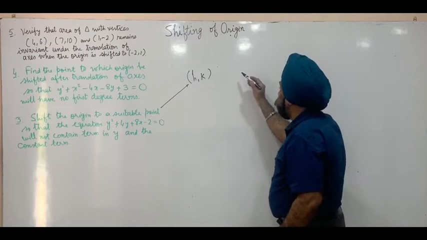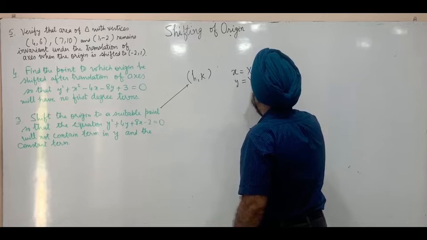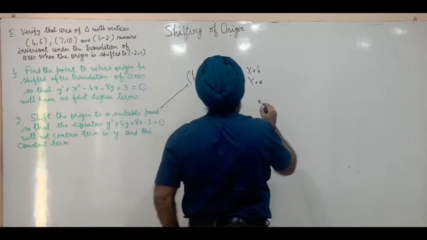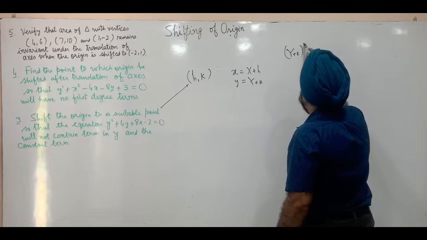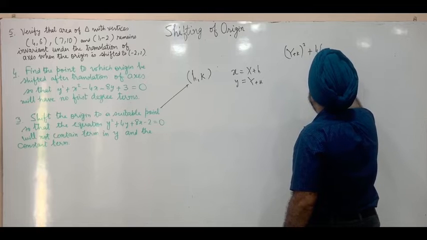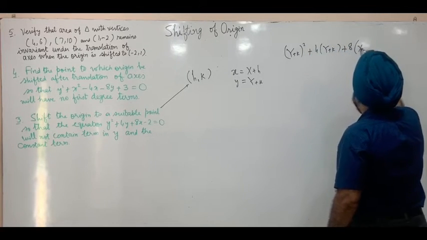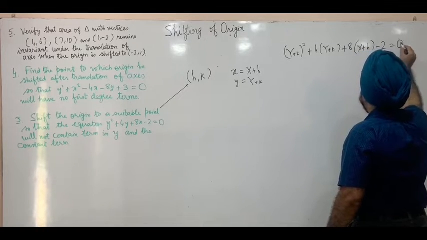We have to find out. x is X plus h, y is Y plus k. Substituting these values: (Y plus k) whole square plus 4 into (Y plus k) plus 8 into (X plus h) minus 2, and this is equal to 0.